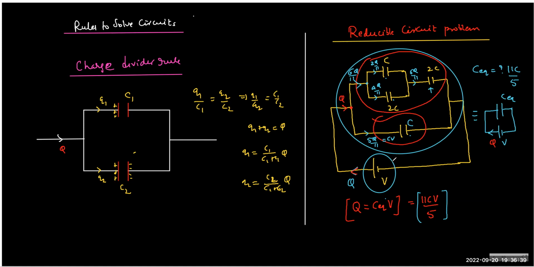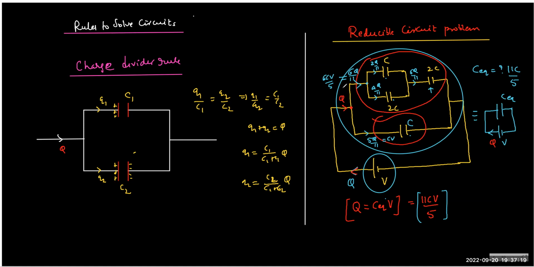And the net capacitance of the upper branch is 6C/5, and the potential across it is V only. So 6C/5 into V is 6CV/5. So this answer itself is 6CV/5. If you have multiple parallel branches, you can treat each branch with its own battery and solve it separately. No need to do the overall division.